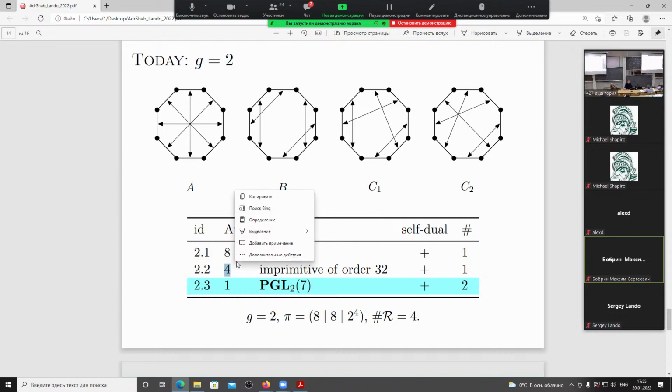They have different automorphism groups, and it's also helpful to look at the edge rotation group, or monodromy group, of the Belyi function, or edge rotation group of the graph. Also, an important property is self-duality, and in genus 2, all descents were self-dual. And what we talked about today, the hard case, was this line.